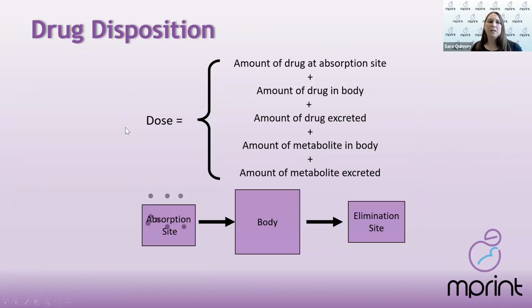So you'll see as we initially give drug, it moves from an absorption site into the body where it's metabolized, and then a component of the metabolites and the parent drug may be excreted or eliminated. And so the law of mass balance says that the total amount of drug in these various sites in the body will always be equivalent to the dose.